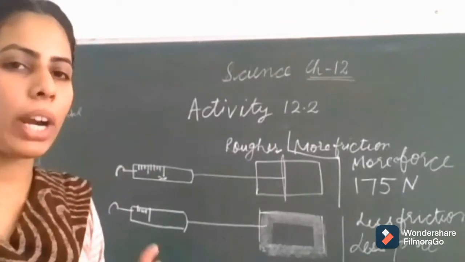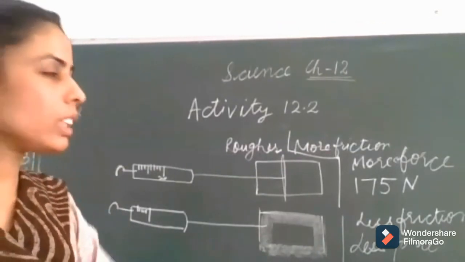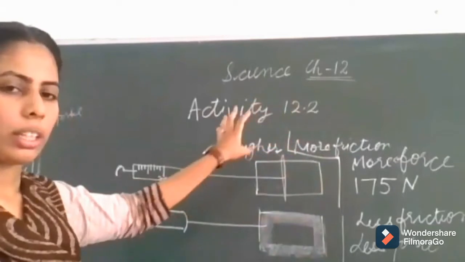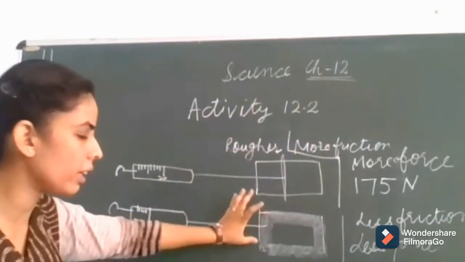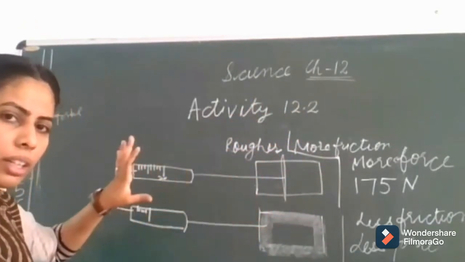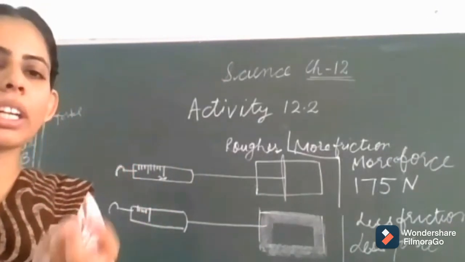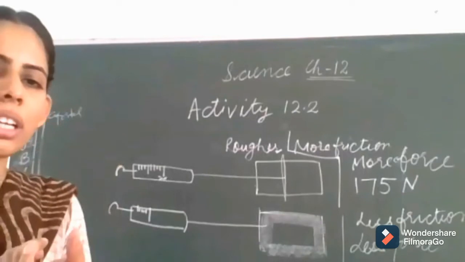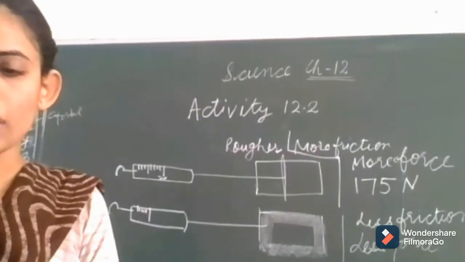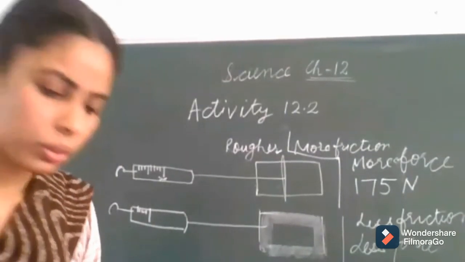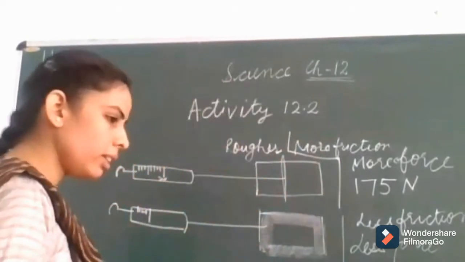The next point that we will discuss is the nature. Here the nature of the material is different. So we will now study how the factor mass changes the friction. Now just see here.